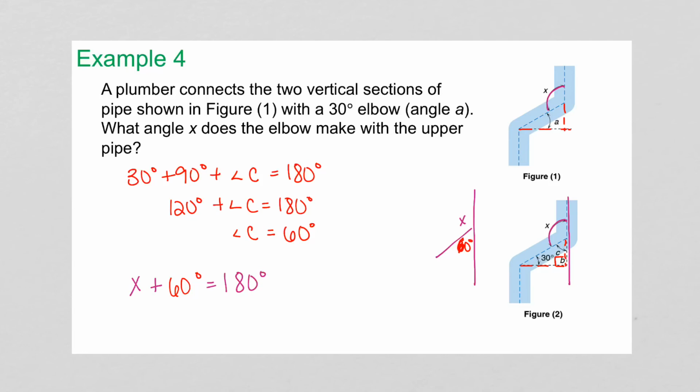So if we subtract 60 from both sides, then the measure X is 120 degrees.